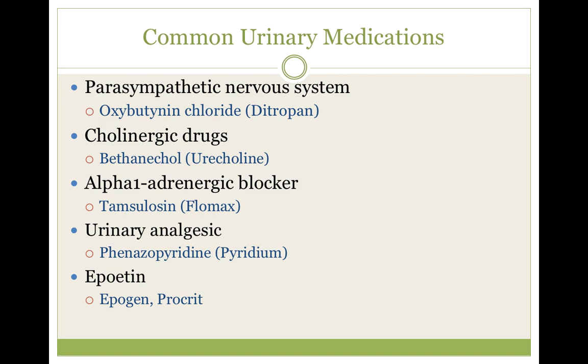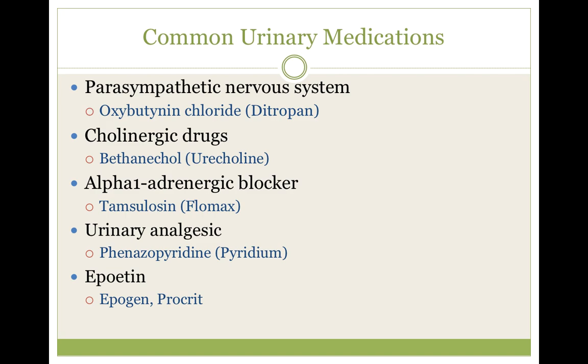So it's going to decrease bladder contractions. And then the opposite of that, the cholinergic drugs are used for urinary retention, and they help the bladder to contract. So this is going to be that urocholine.